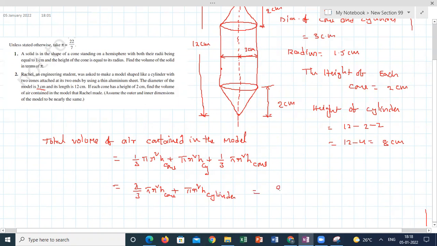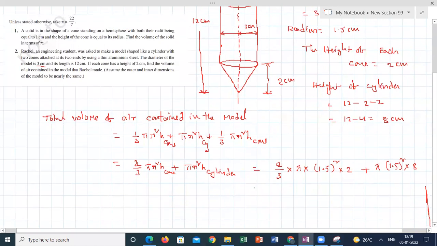So now I can substitute the values: 2/3 into pi, I am keeping it as pi, r square where the radius is 1.5, or 3/2 if you want, and the height of the cone is 2 centimeter, plus pi, r is 1.5 whole square, and the height of the cylinder is 8 centimeter. Now pi r square, pi 1.5 whole square, can be taken as common. I will get 2/3 into 2 plus 8.